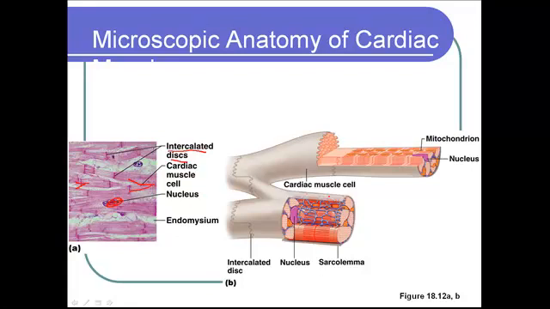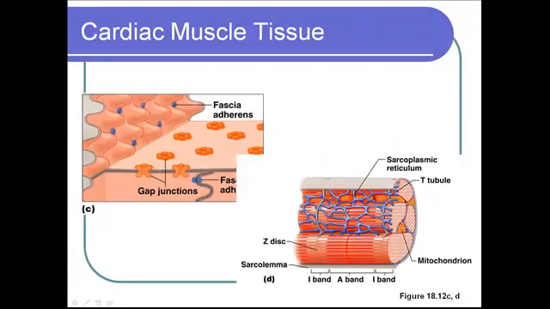The way it's designed, all I want you to know is that it's designed to spread the action potential very, very quickly. These gap junctions allow for calcium to diffuse rapidly. And that's all. These gap junctions are what actually form the intercalated disc.